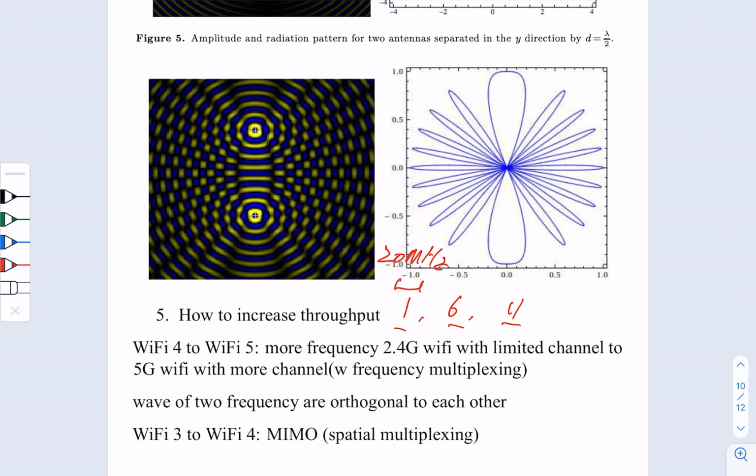So what I mean by multiple input and multiple output is that we have multiple input antennas. Remember that if we have two antennas radiating waves, using the beamforming technology, we can engineer the shape of the power of the radiation, right?